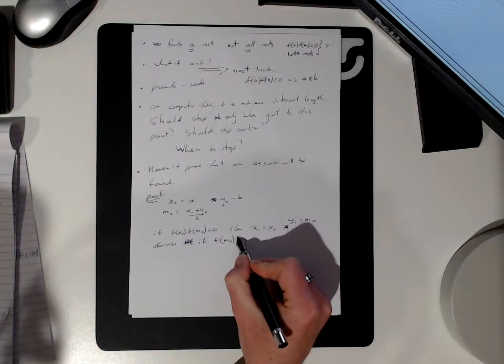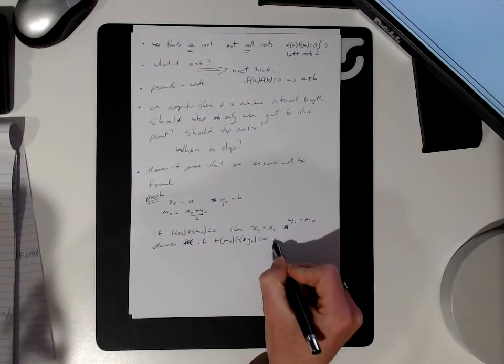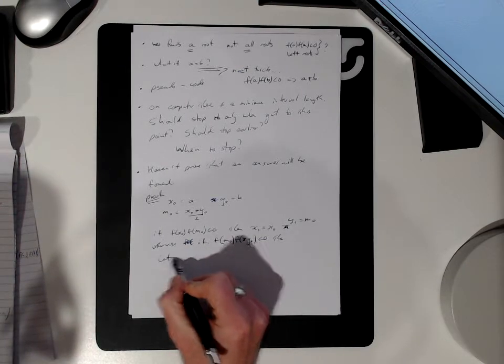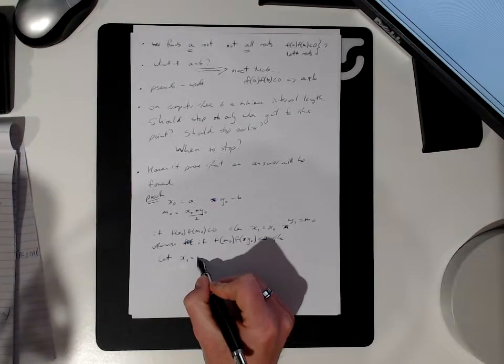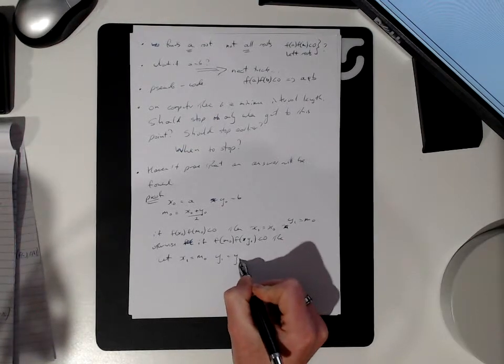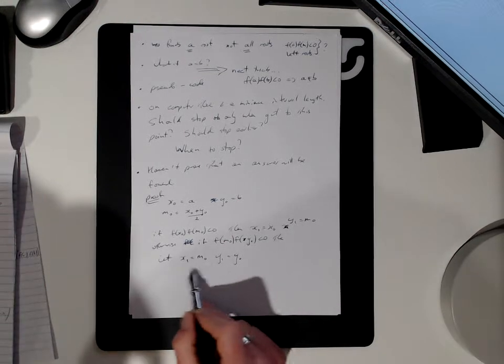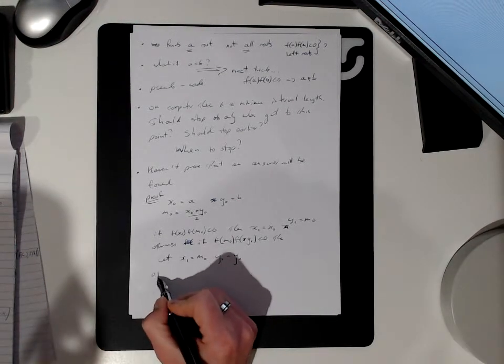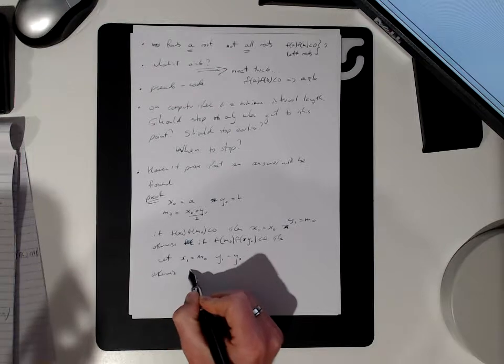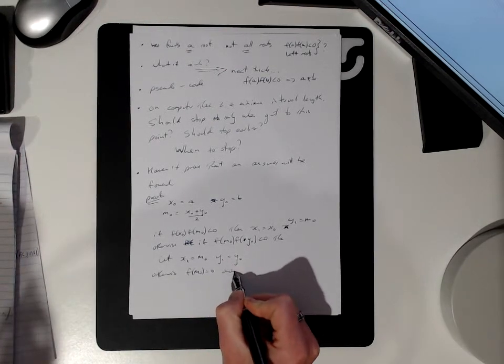Otherwise, if f(m0) times f(y0) is less than 0, then let x1 equal m0 and y1 equal y0. So this picks the left-hand interval, this picks the right-hand interval. Otherwise, we know that f(m0) equals 0, so done.